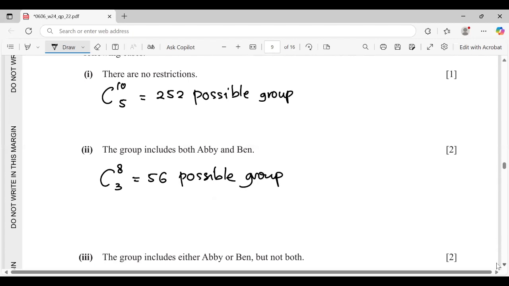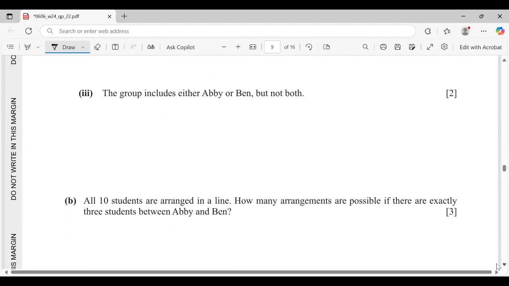The third, the group includes either Abby or Ben, but not both, one of them. So I would like to split this case into 2 mutually exclusive cases. Case one. Abby is included, but Ben is not.